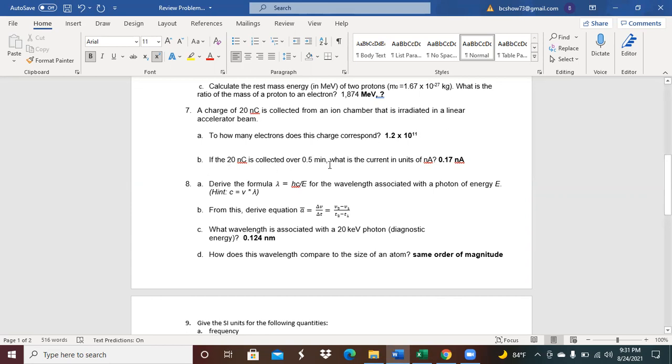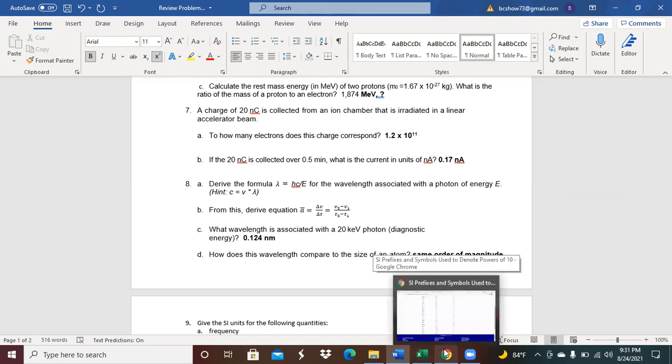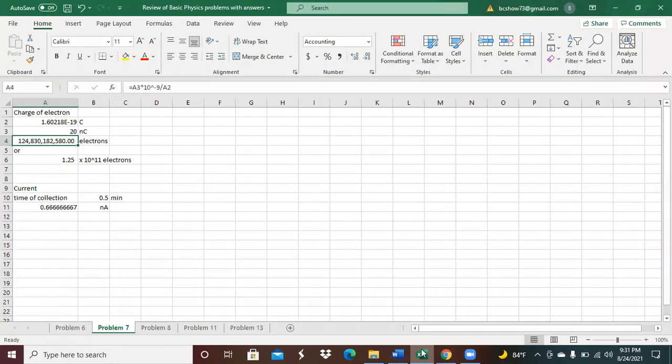If that is collected over half a minute, what is the current in units of nanoamps? So we have the amount of time that it takes.